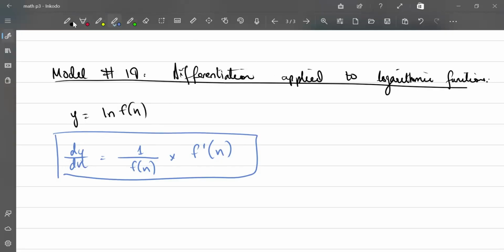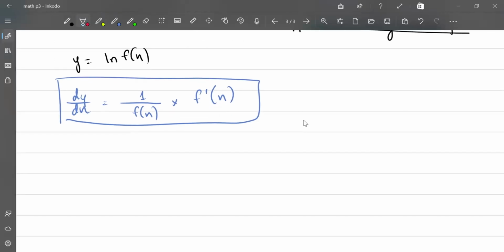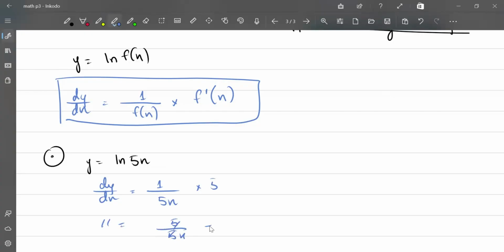So let's apply this rule and solve some questions. Let's say y is equal to ln 5x. So dy/dx would be 1 upon f(x), which is 5x, into the differential of f(x), which is 5. So it is 5 upon 5x, which is 1 upon x if you simplify it.